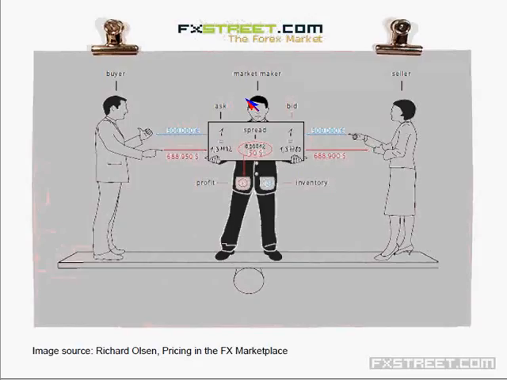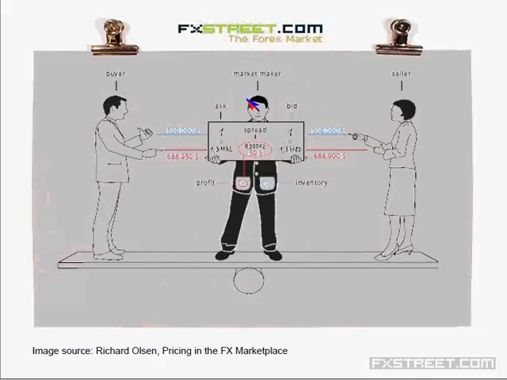We can see here in these images. The image is taken from an article which is to be found in our education section under Forex Basics. It's called Pricing in the FX Marketplace. I will give you the link at the end of the session. It's from Richard Olsen, and you can see here an illustration of the market maker in the middle, and buyers and sellers in this case.